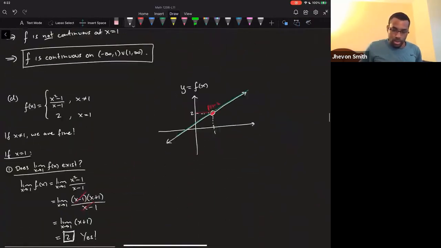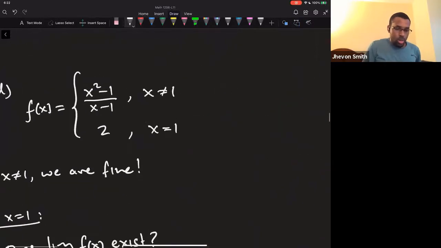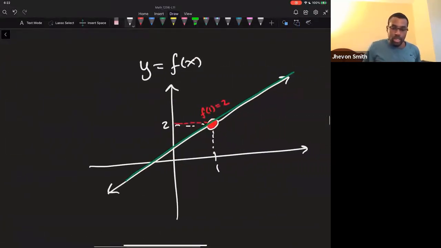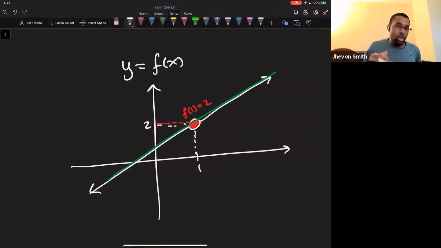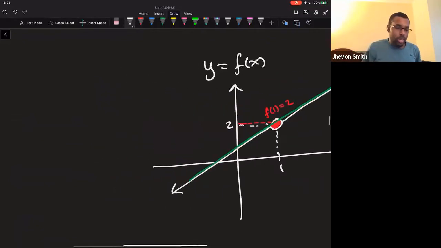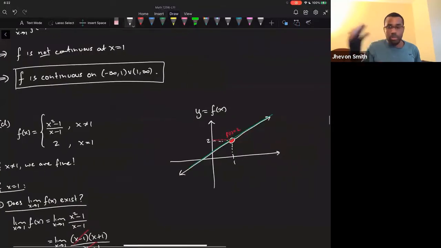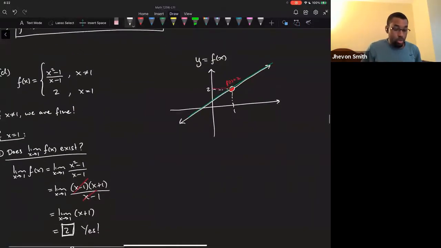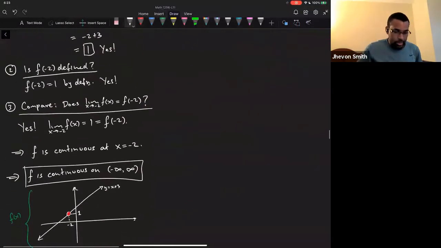However, in this one, with the piecewise function, we defined the value of the function at that point to be 2. And essentially what that did was it filled in the hole, right? And so I removed the discontinuity. So it turns out that this function, x squared minus 1 over x minus 1, had a removable discontinuity. So we spoke about that.